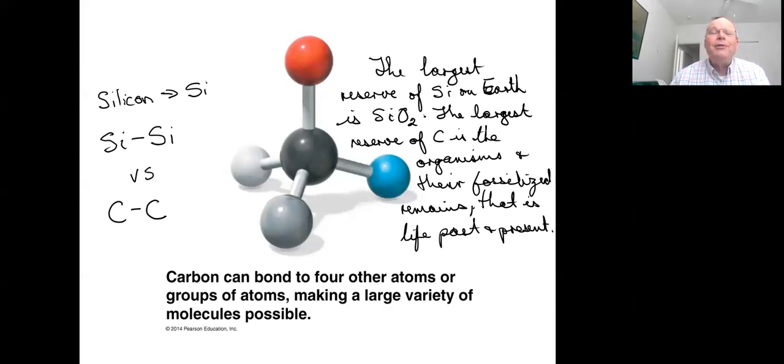And that again reinforces the fact that under the chemical circumstances that we find here on Earth, it has to be carbon and only carbon. Could silicon or other elements form a basis for life elsewhere? Yeah, of course.